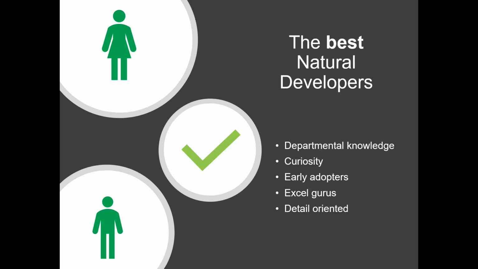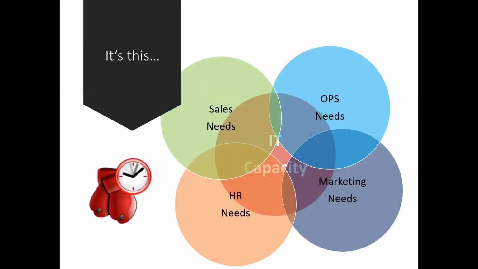They're also very, very detail oriented. These are the best folks in an organization to raise and to groom as natural developers. So when you do that, what happens? Let's go back to our first slide.